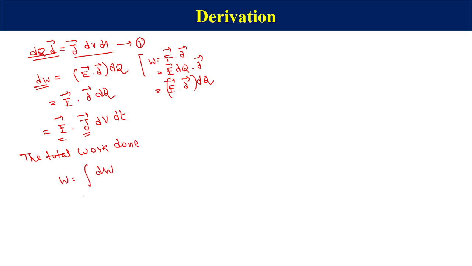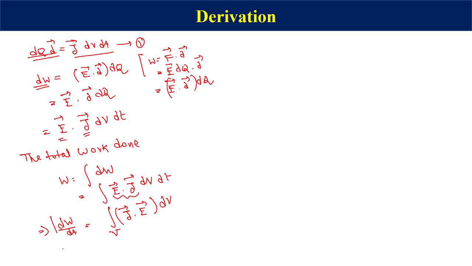So we are going to write it as the integration of E dot J dV dt, or in a sense we can write it as dW by dt is equal to, I just want to change it, J dot E, rather we shall write dV, and this is a volume integral. So this is the rate of doing work by the induced electric field on the charges.